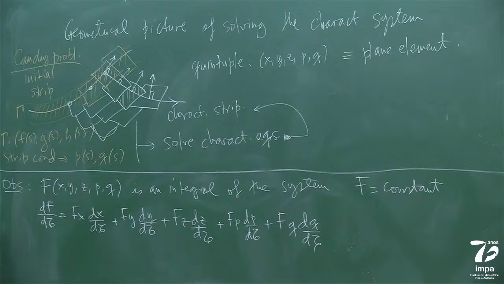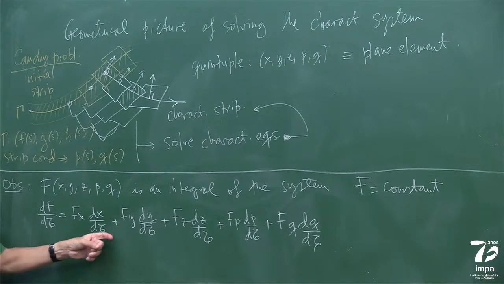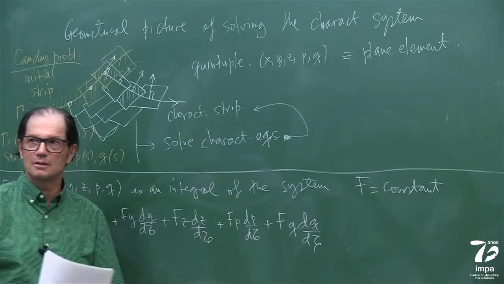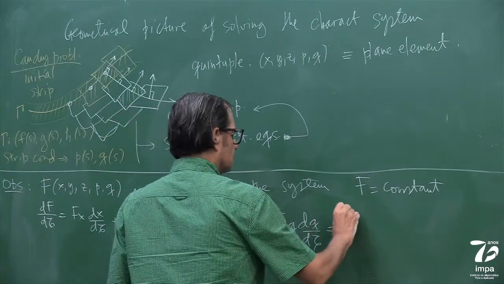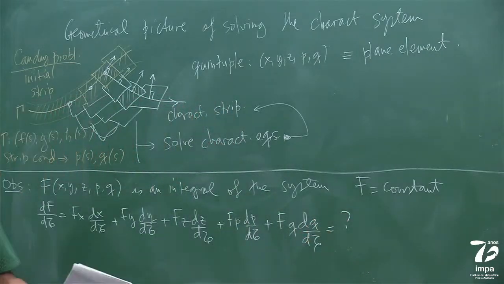The simple check is to substitute here the characteristic equations to see what this is equal to. It's going to be equal to 0, which means F is an integral and will not vary along the characteristic, right? So very simple, easy to believe.